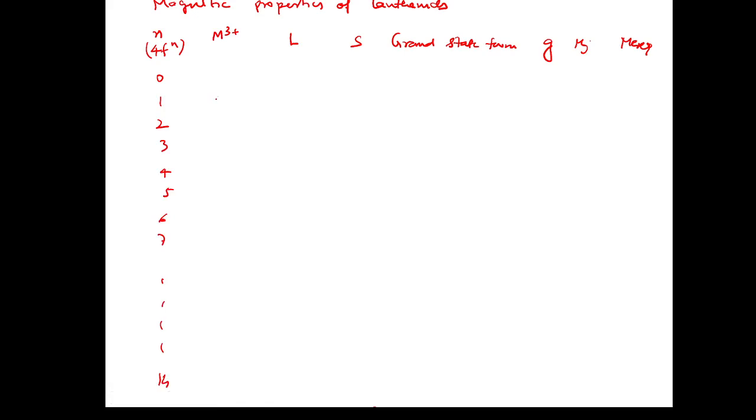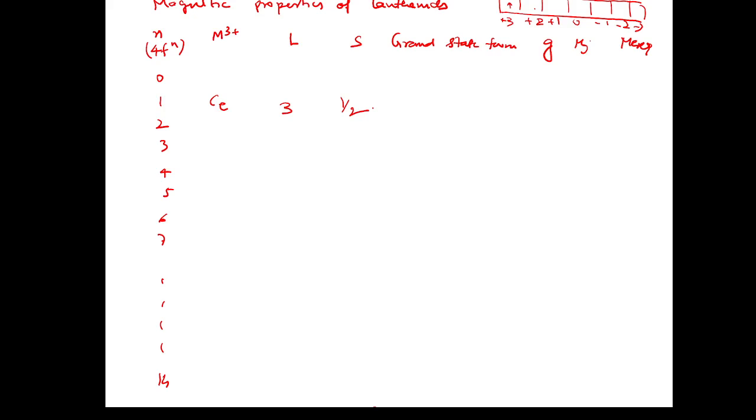Suppose I take cerium first. Cerium 3 plus ion has an L value of 3. How am I getting 3? Because you have the seven f orbitals: plus 3, plus 2, plus 1, 0, minus 1, minus 2, minus 3. Your electron filling always starts from the high L value. So the L value is 3, S value is half.